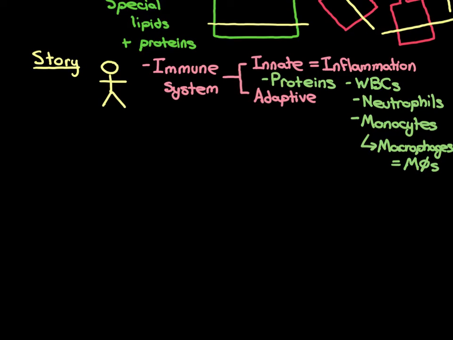It is a very powerful response. The brilliant thing about it is that it is powerful, and it's very, very quick because it's not specific at all to the pathogen that we're dealing with. The bad thing is that it's not specific to the pathogen, and in some cases it might not be strong enough on its own to actually deal with certain types of pathogens.